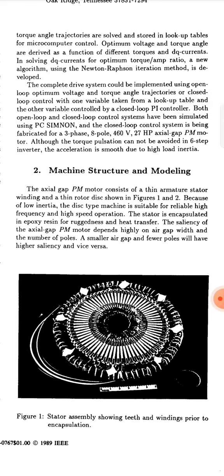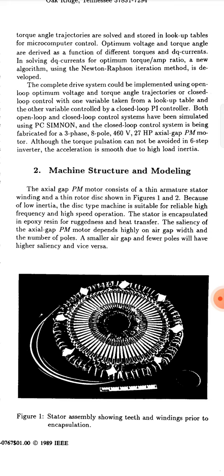Optimization of torque and derived functions with DQ constraints. For solving DQ currents for torque optimization, a new algorithm using the Newton-Raphson iteration method is developed. The complete drive system could be implemented using open loop optimum voltage and torque angle, and closed loop control with one variable taken from a look up table.